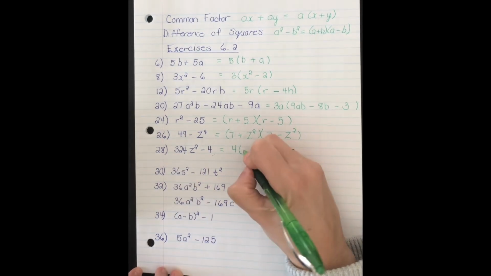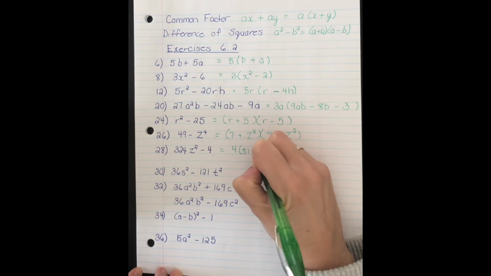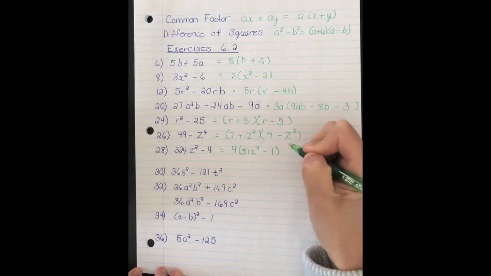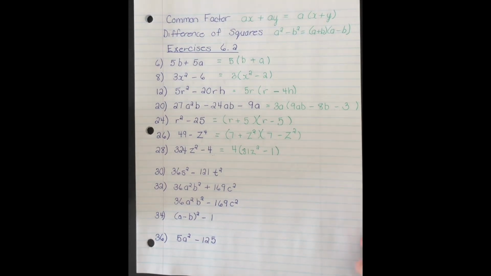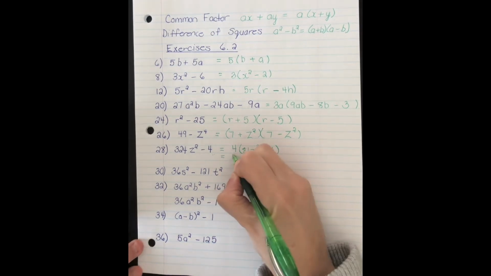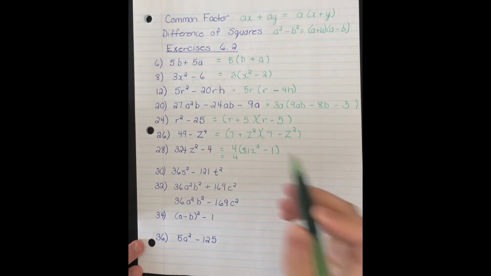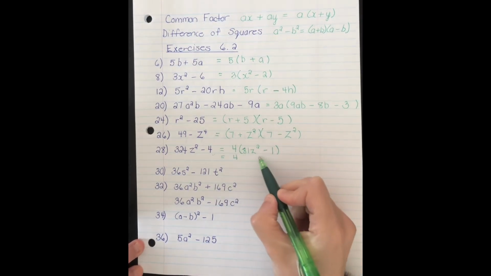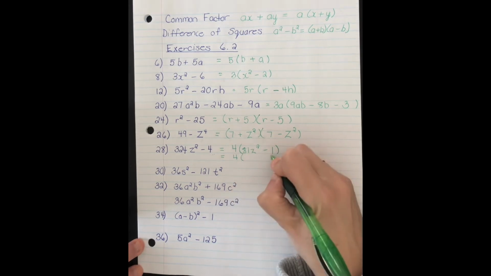That would leave us here with 81z squared minus 1. So that is definitely our very first step. Now, following that, we can leave the 4 here and use difference of squares factoring on this binomial.